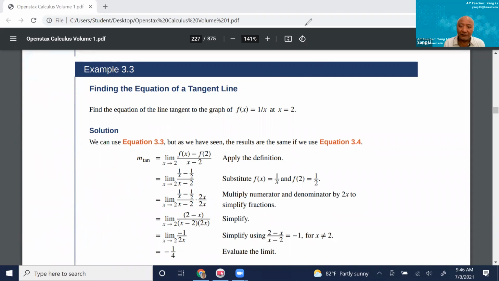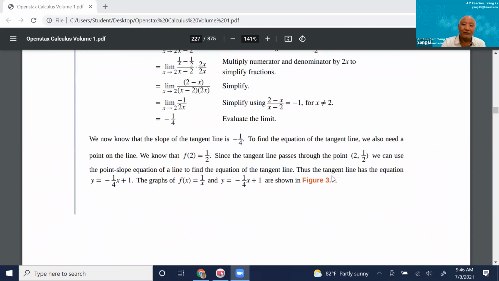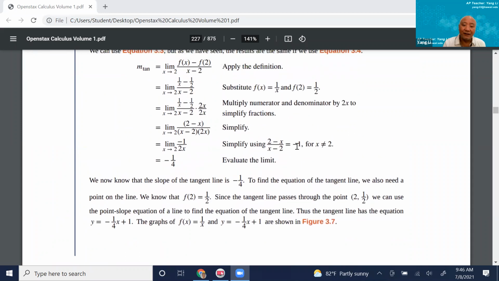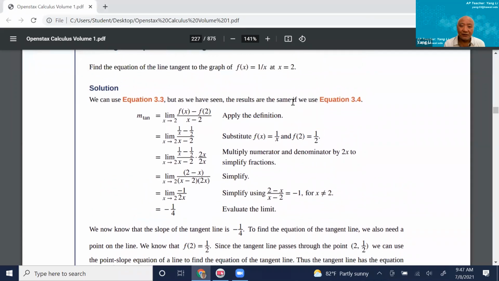Now let's move on here. So we can get this one, the limit, we'll find it, right? Of course, you can use the same thing to find the line now. If you want to find the tangent line, the things will be easy here. You can still use the point-slope form because you have the function value 1/2 at 2.